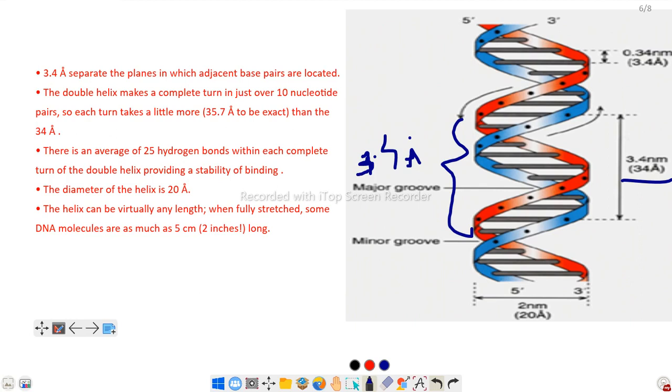There is an average of 25 hydrogen bonds within each complete turn. Each complete turn contains 25 hydrogen bonds, which make them stable. The diameter of a helix is 20 angstrom or 2 nanometer.